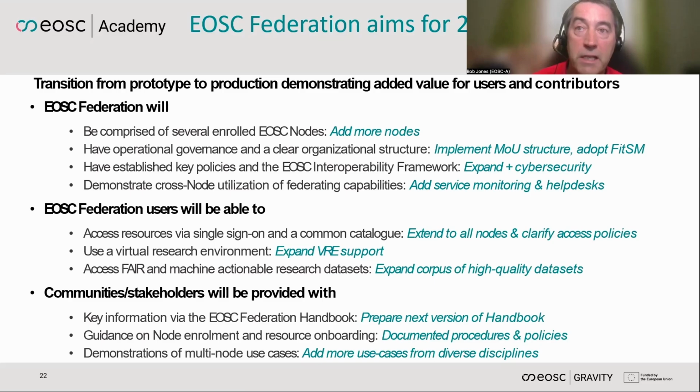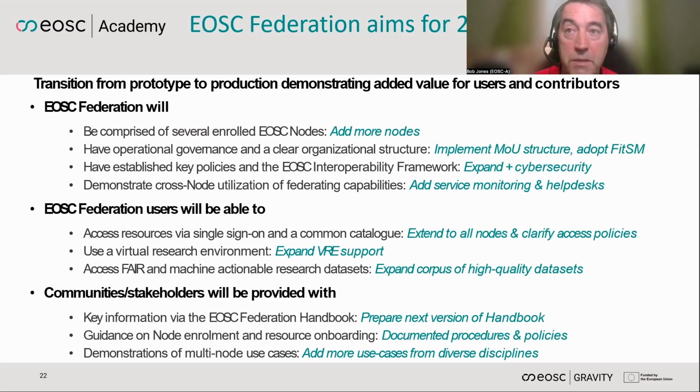And make it easier to access machine actionable research data sets. So that means putting in place the high quality data sets and having better specifications about the machine readable aspects, such as the metadata in them, so that it can be harvested more easily. So the communities and stakeholders will, out of this, get more information.